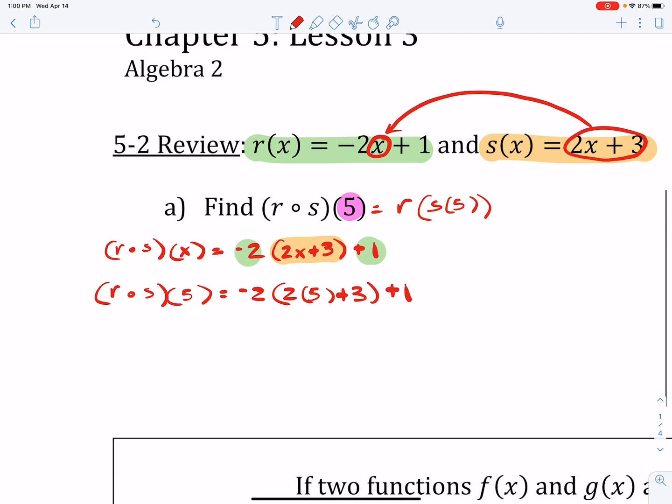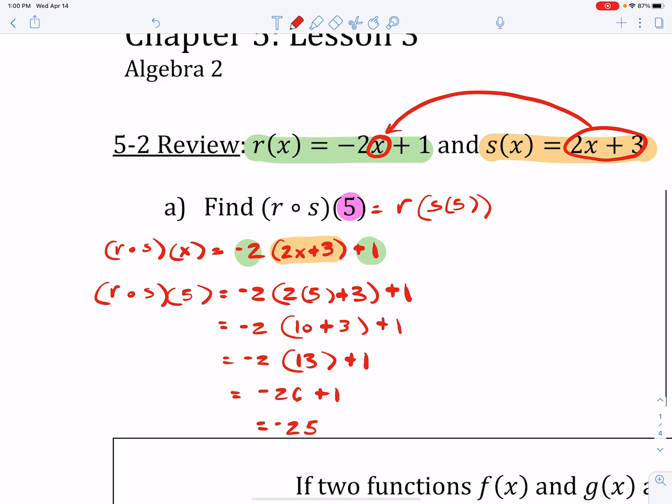I'm going kind of fast because, again, it's review. What we'll have is -2 times (10 plus 3) plus 1, then -2 times 13 plus 1. That gives me -26 plus 1. So my solution to this is -25.